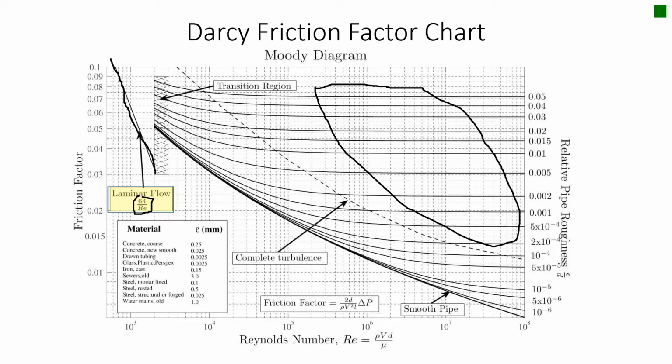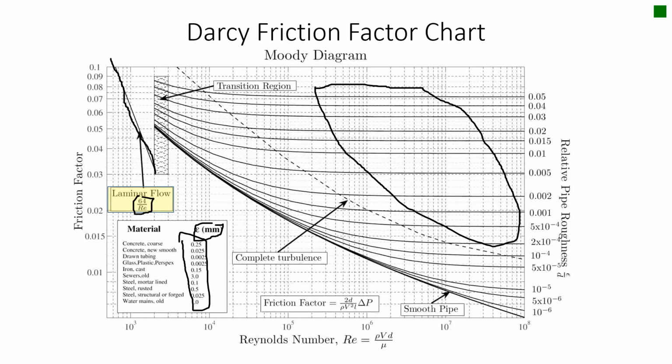That relative pipe roughness is the roughness factor, which is the Greek letter eta, divided by the pipe diameter d. So for different types of materials, we have different roughness values, and they have units in this case of millimeters.